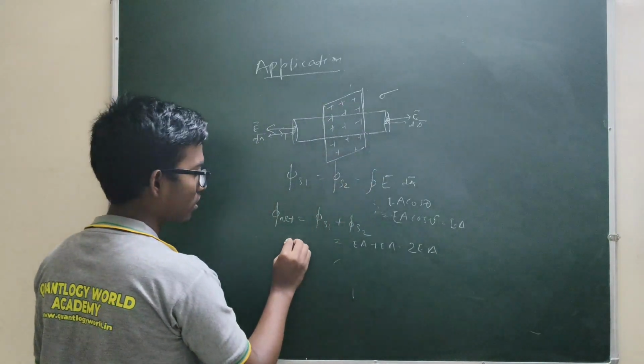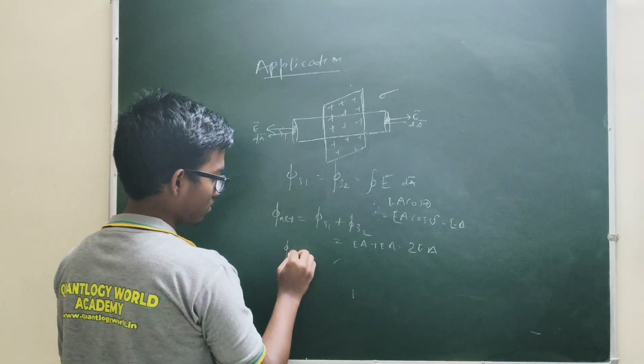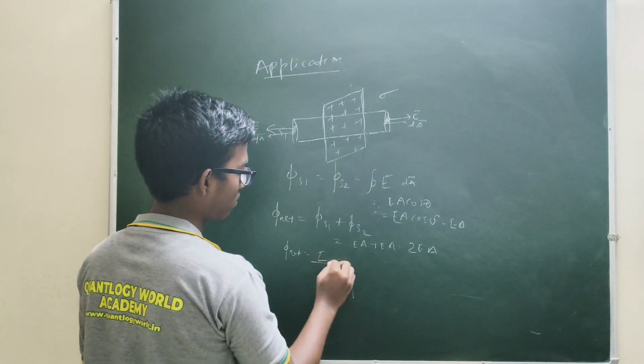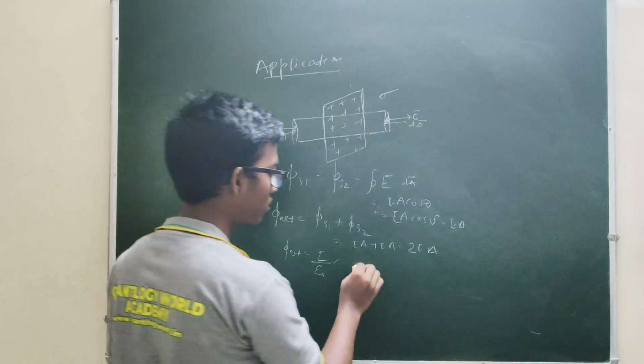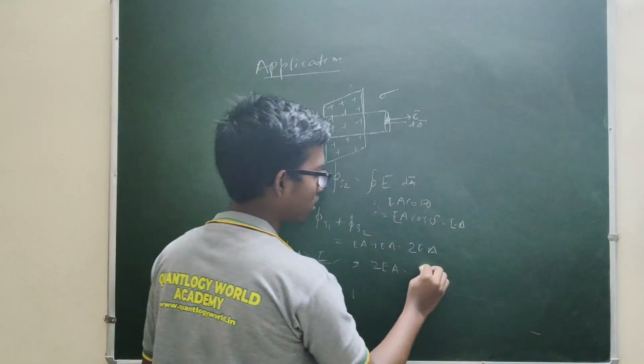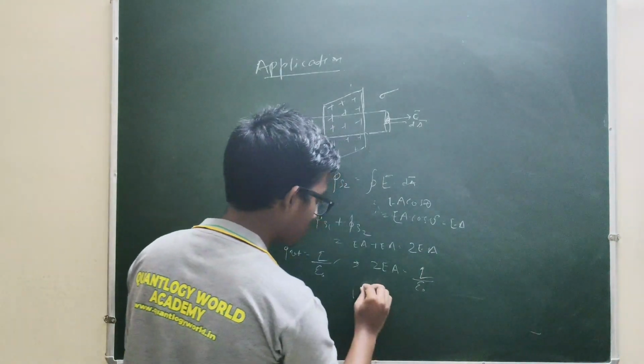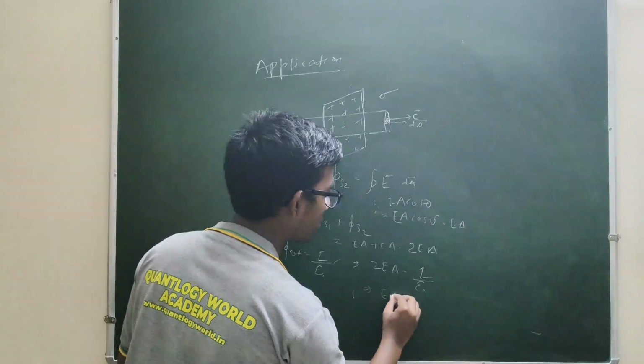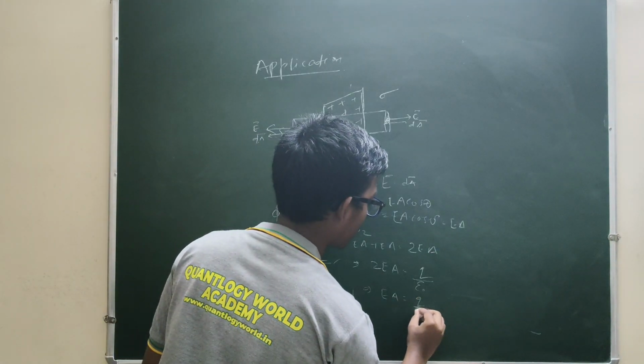Now by Gauss law we know that net flux equal to charge upon epsilon naught. That implies 2EA is equal to charge upon epsilon naught.